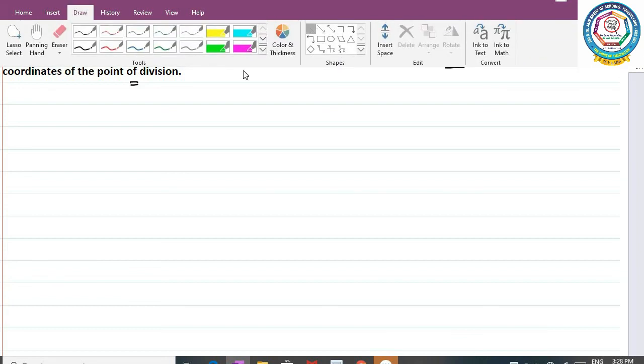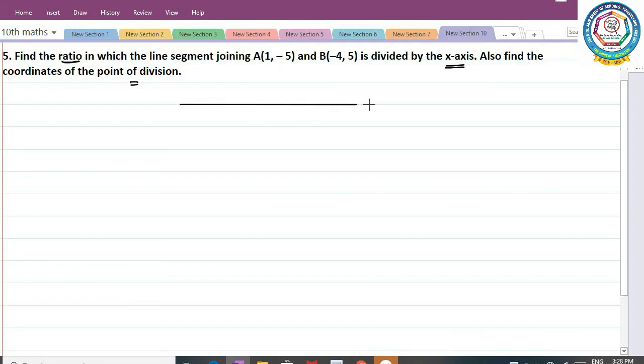Here, this is one of the line segments. So the coordinates A of 1 comma minus 5 and B of minus 4 comma 5. This line segment is divided by the x-axis. If a point lies on the x-axis, the y coordinate is 0.